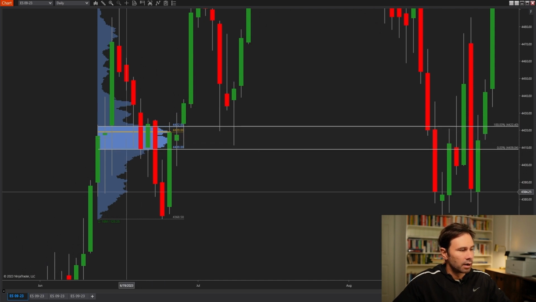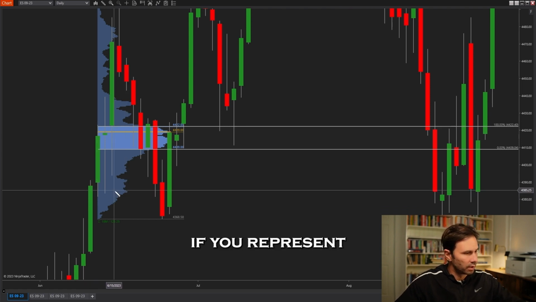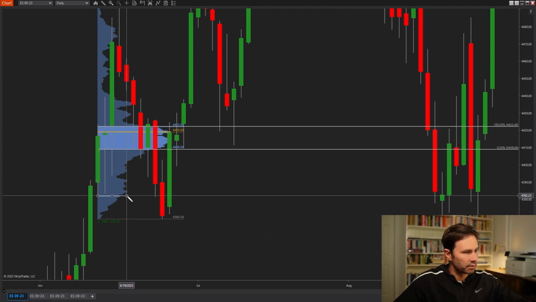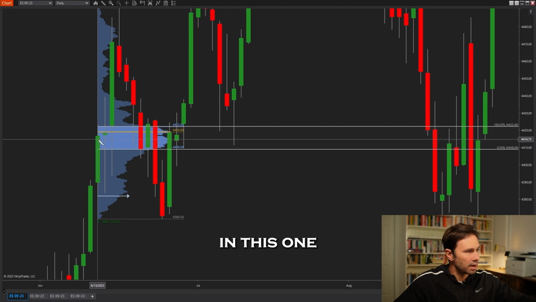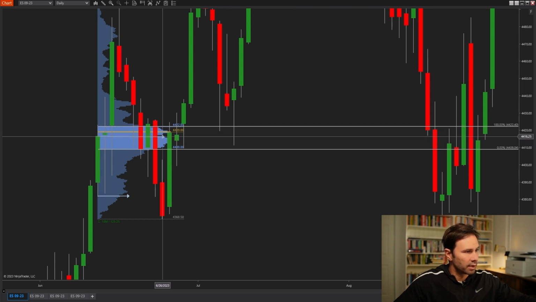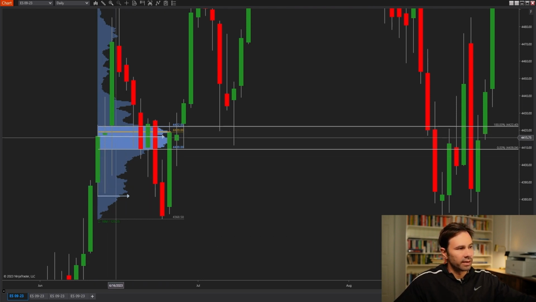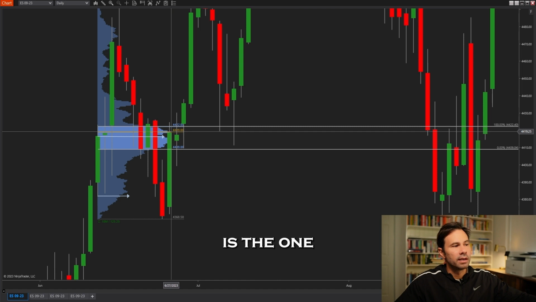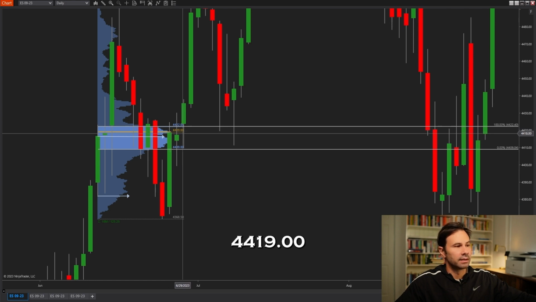Here you can notice how this amount of volume, if you represent it with this arrow, right, it'll be like here. And in this one, you can say like here, right? You can see how many contracts were traded here, how many contracts were traded here. So the wider these bars are, the more contracts you will find, right? And the yellow one is the single tick with the most volume, which is 44.19 in this case.